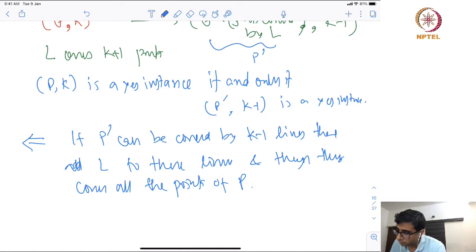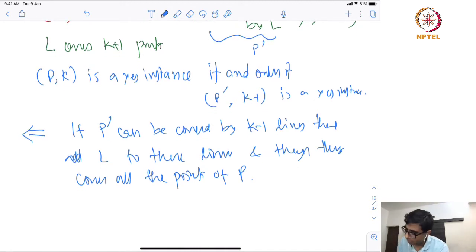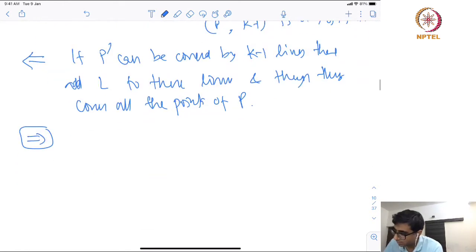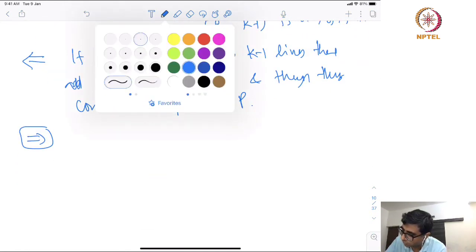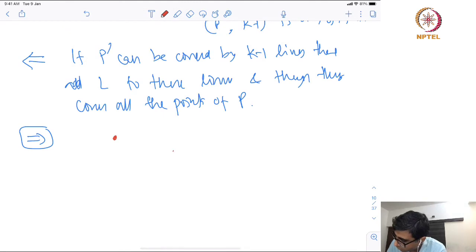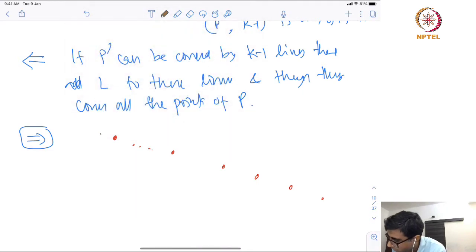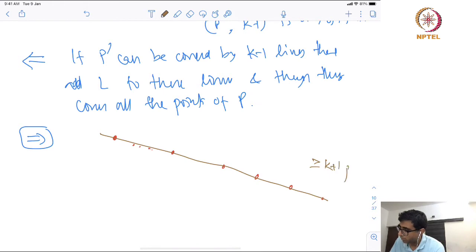But what is the forward direction? This is the interesting direction. Let's draw a picture. Suppose these are my points, and suppose this is my line, which covers greater than or equal to k plus 1 points. These points are collinear.